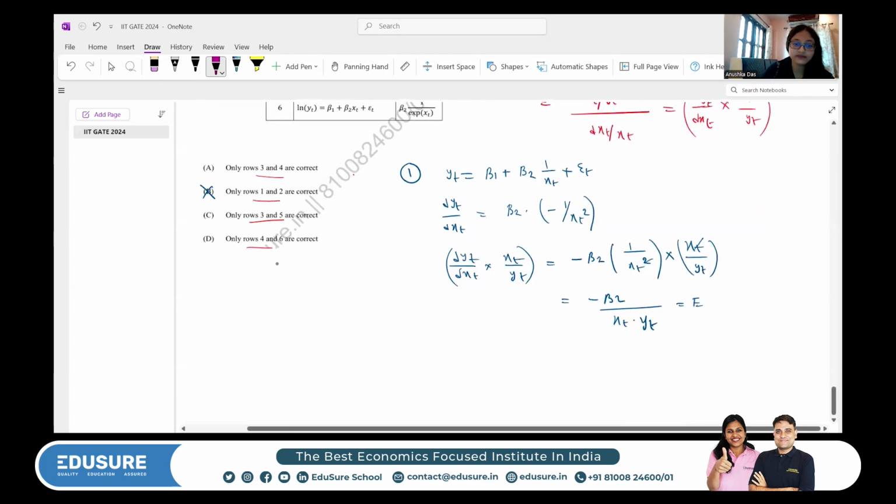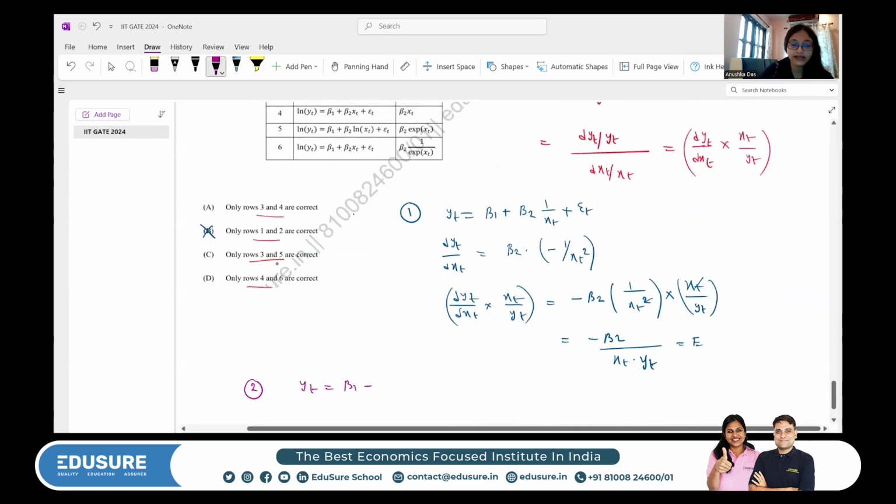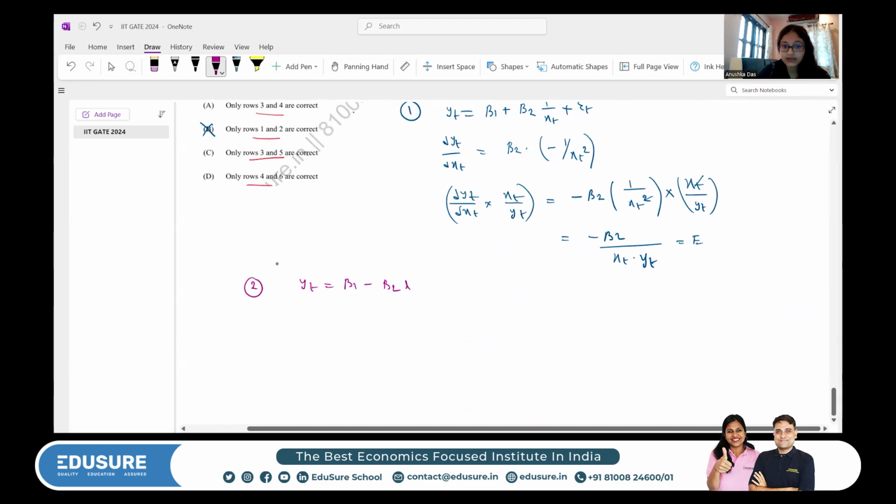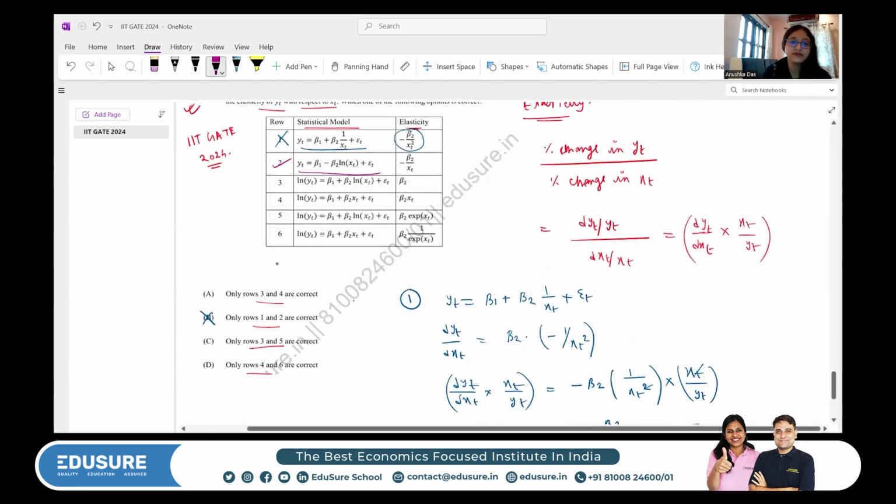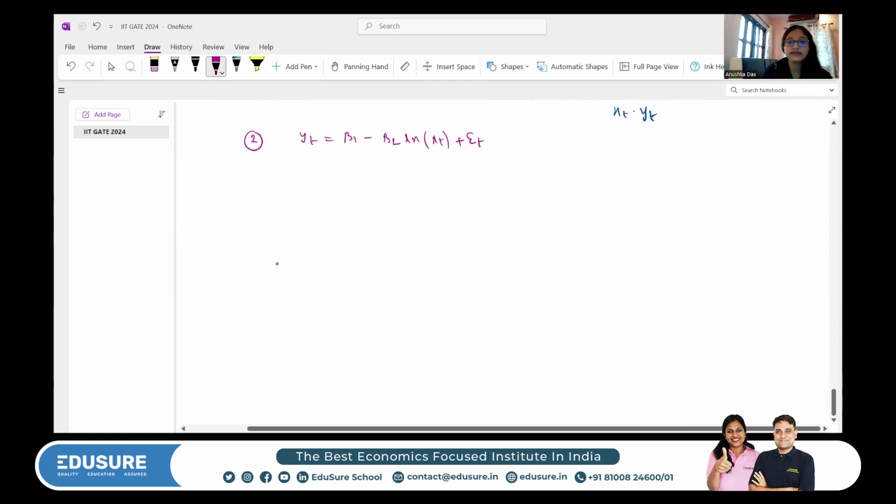YT is beta 1 minus beta 2 ln XT plus epsilon, right? This is what you have here. So let's find out the elasticity of this. You have to follow the same steps. dYT/dXT is minus beta 2 1 upon XT, right?